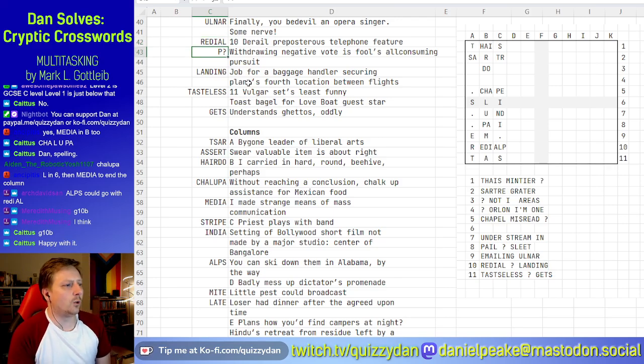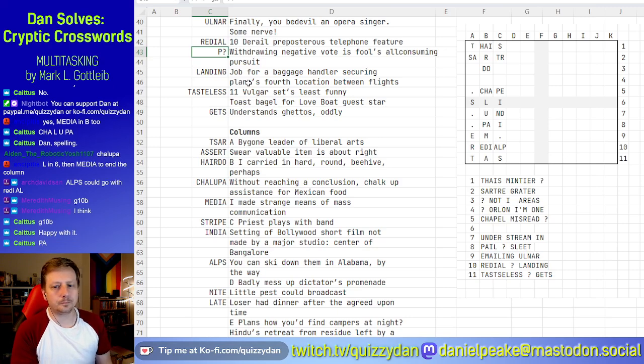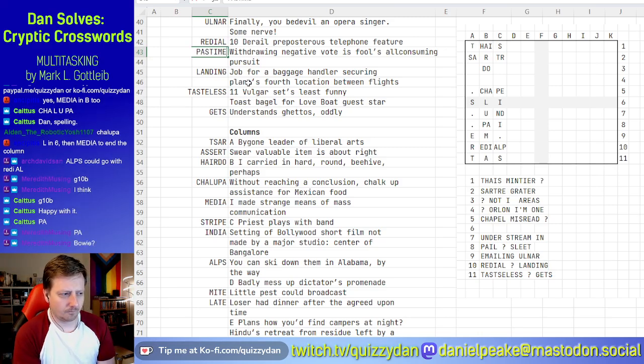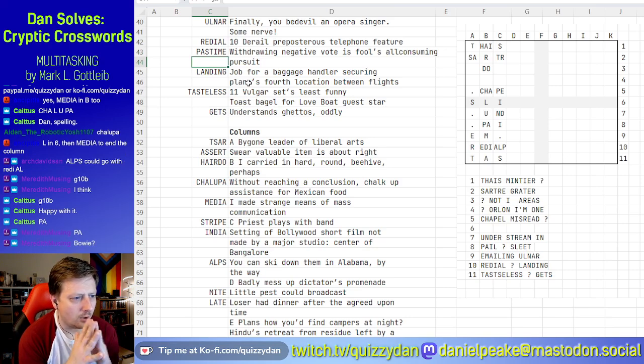Withdrawing negative vote is fool's all-consuming pursuit. Second letter, please. An all-consuming pursuit, or just a pursuit, could be a pastime.